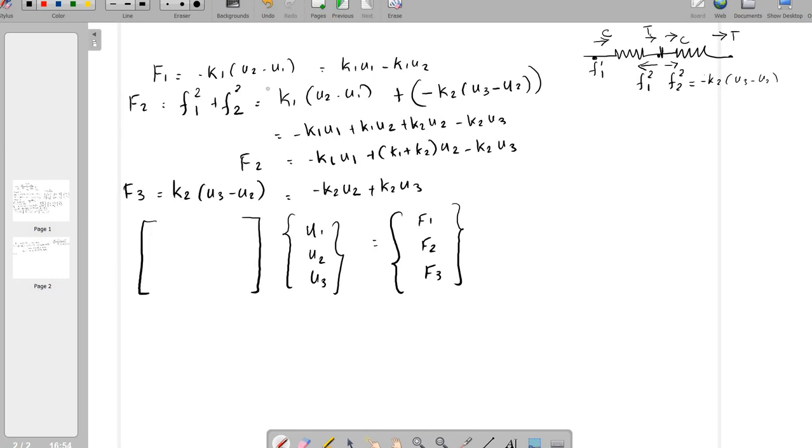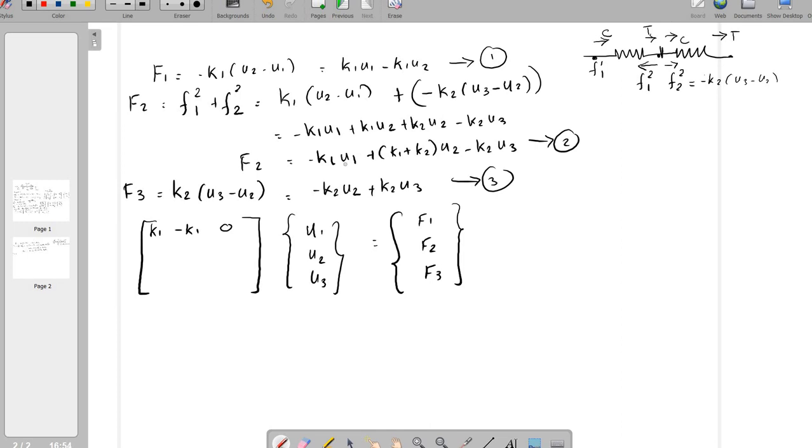So we have to consider these three equations 1, 2 and 3 to arrange the matrix format. The coefficients of U1 and U2 are K1 and minus K1, so you put K1, minus K1. There is no effect on U3, so simply you put 0.